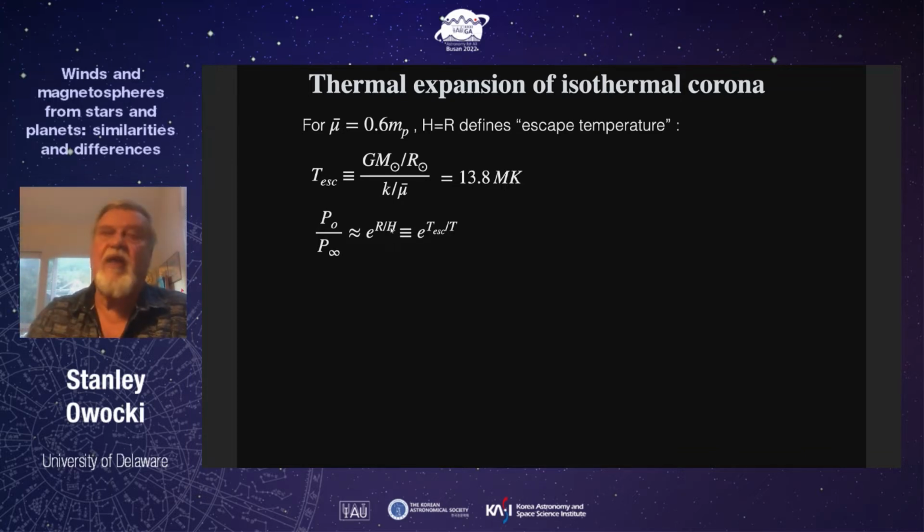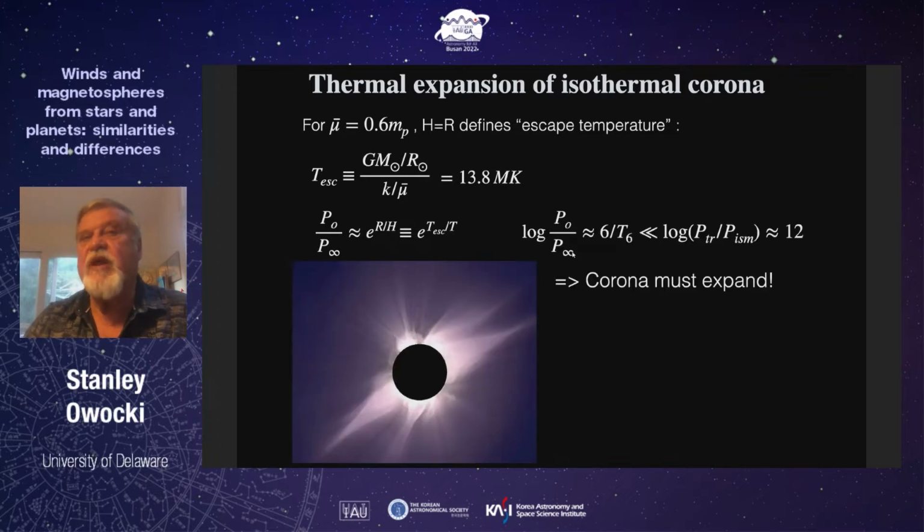But if you have a scale height that becomes comparable to the stellar radius, then the ratio of the base pressure to the terminal, final pressure can be a finite constant, and it scales like the exponential of R over H, or T escape over T. The key point is that if you plug in typical temperatures for the solar corona, the decline of pressure from the base to far away from the sun is only about 6 decades for a temperature of 6 million Kelvin. If you have 2 million Kelvin, it becomes only 3 decades.